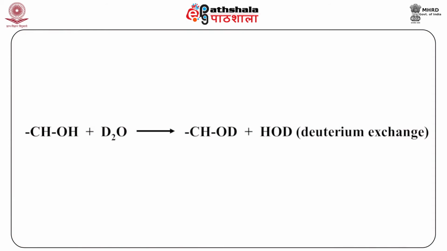For this, a small amount of D2O is added in the NMR tube containing the alcohol. After shaking for some time, the OH hydrogen is replaced by deuterium. Hence, the peak due to the alcoholic hydrogen will disappear because deuterium absorbs at a different field strength. Therefore, there will not be any coupling or splitting due to the proton which has been exchanged with deuterium.